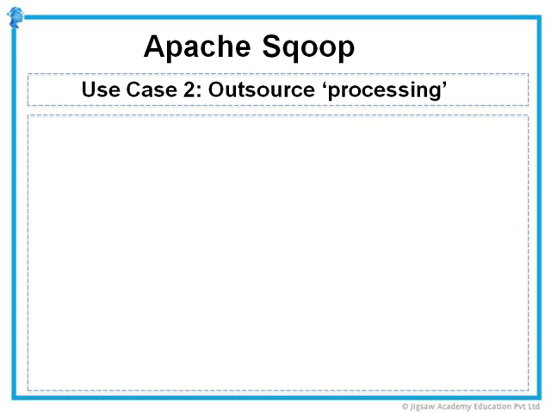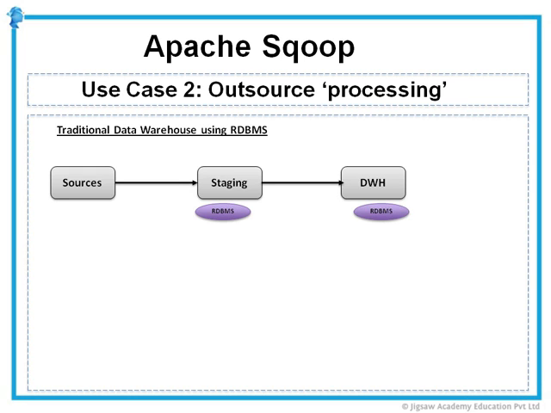The other scenario could be that one of the ways you could use Hadoop in your existing infrastructure is to outsource the processing part of your solution, say your data warehouse. For example, your typical data warehouse follows a source to staging to data warehouse to reports kind of flow, and this deals with a lot of data on a daily basis.